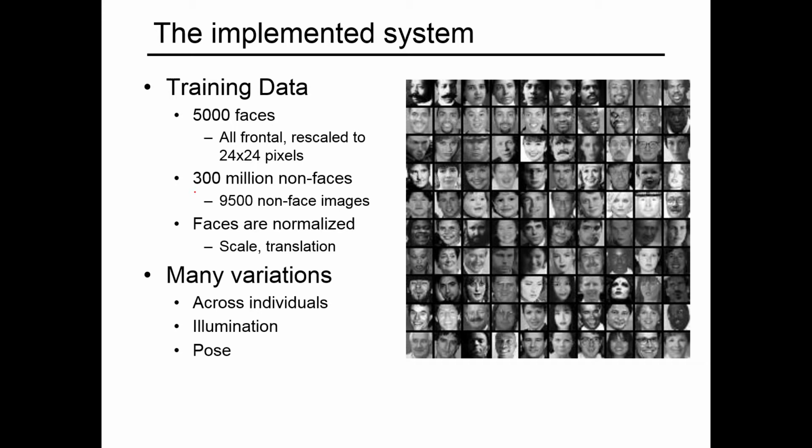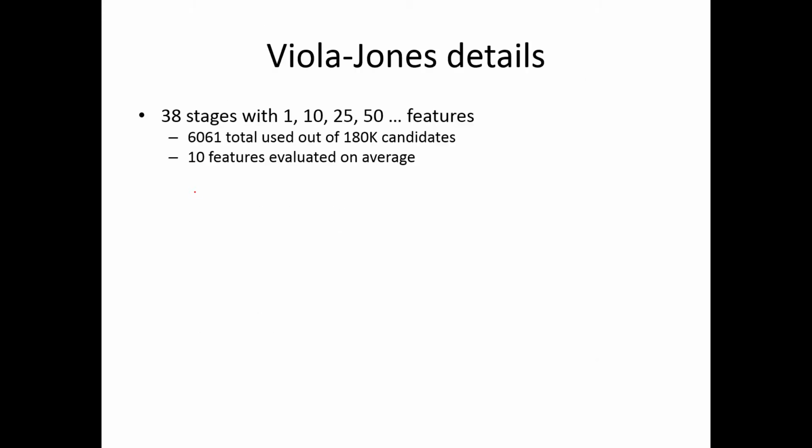They try to include many variations, like across individuals, illumination, poses, and so on. Ultimately, they create a classifier with 38 different stages, and each stage has a various number of features. So it's not just one classifier there. Each stage can have multiple classifiers.